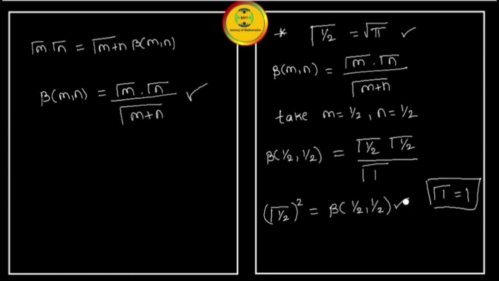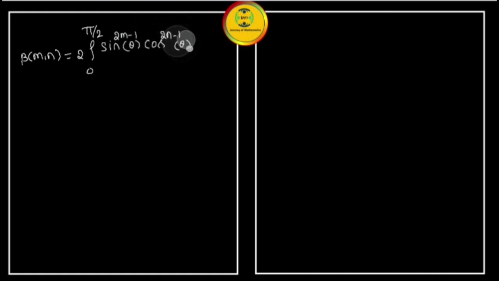So let us see the value of beta of 1 by 2 comma 1 by 2. As per the alternative form of beta of m comma n, we have 2 into integral 0 to pi by 2 sine power 2m minus 1 theta into cos power 2n minus 1 theta d theta.